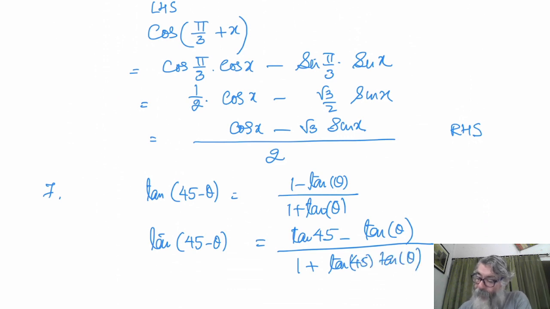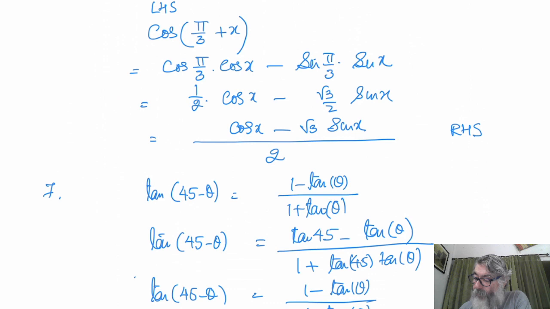The value of tan 45 is 1. So tan 45 minus theta will become 1 minus tan theta upon 1 plus tan theta, because tan 45 is always 1. So we can do that.